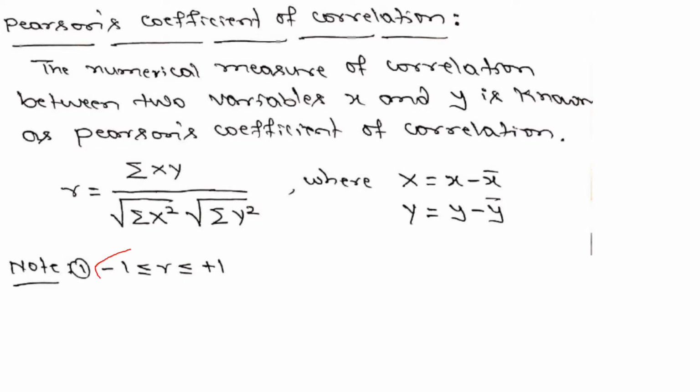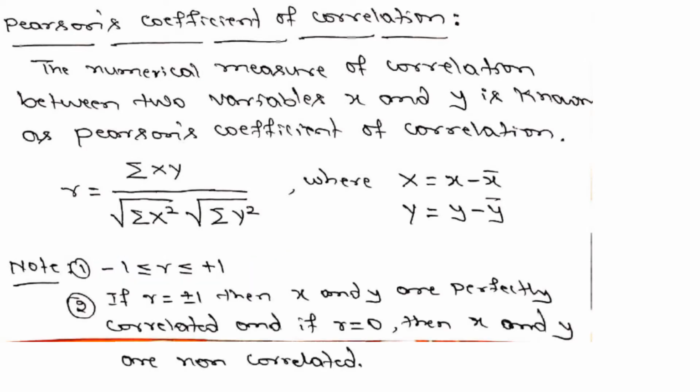Always the value of R, the coefficient of correlation, lies between -1 and +1, and if the value of R is exactly equal to plus or minus 1, then we say x and y are perfectly correlated.